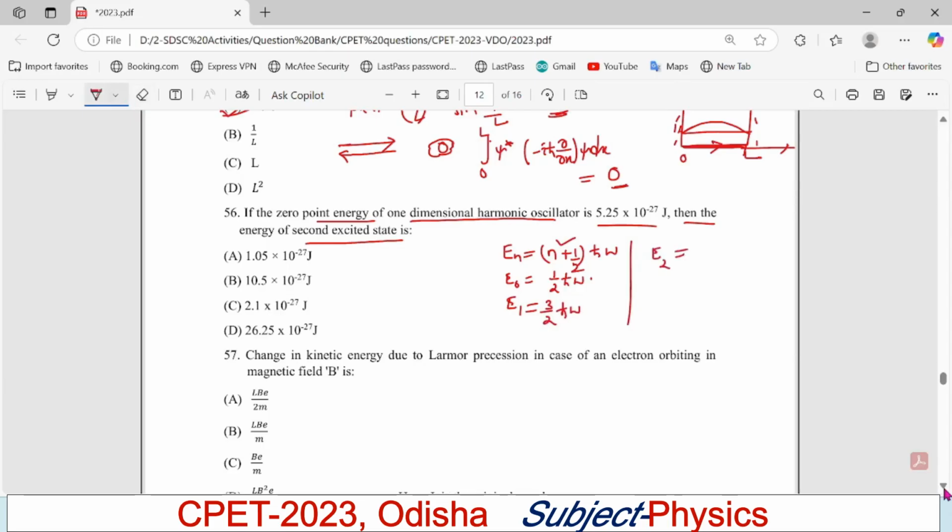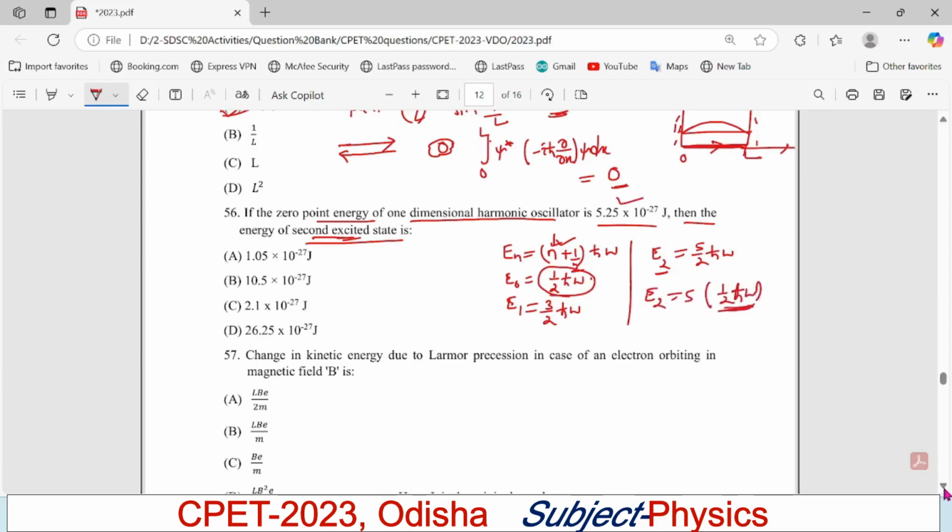E2, it is the second excited state. That means E2 will be equal to, here if I put 2, it will be 5 by 2 h cross omega. So half h cross omega, that means zero point energy, half h cross omega value given as this much. So E2 will be equal to 5 into half h cross omega.